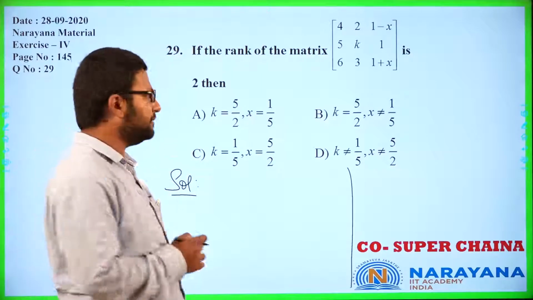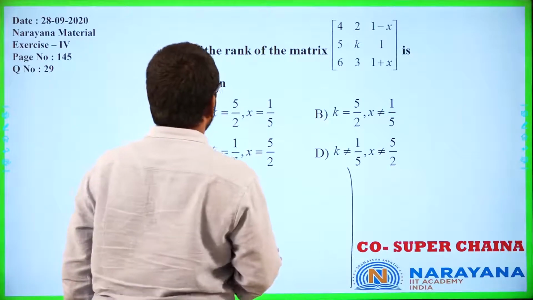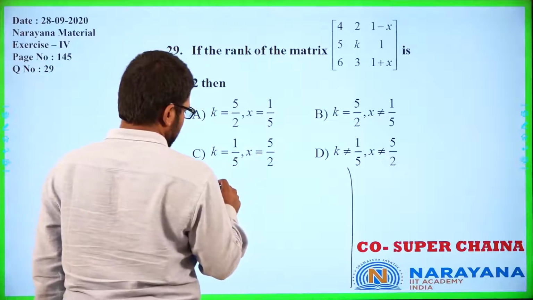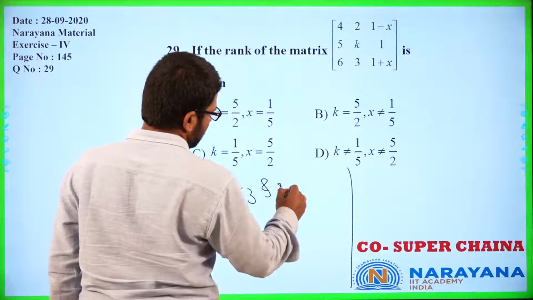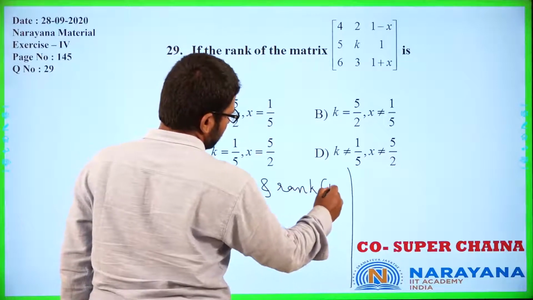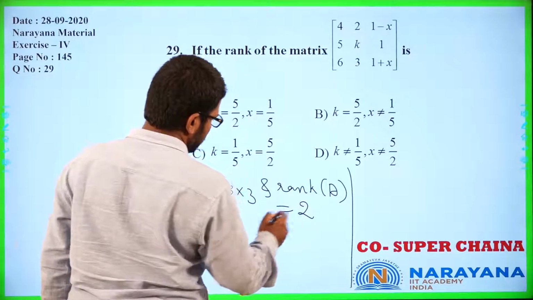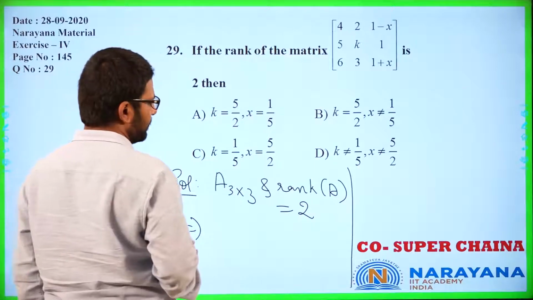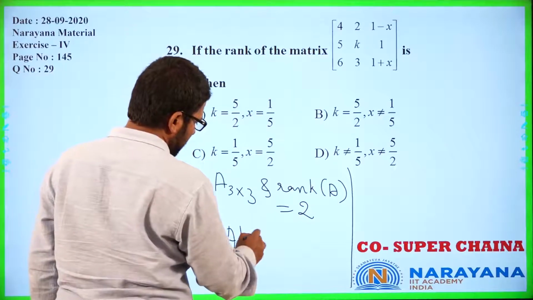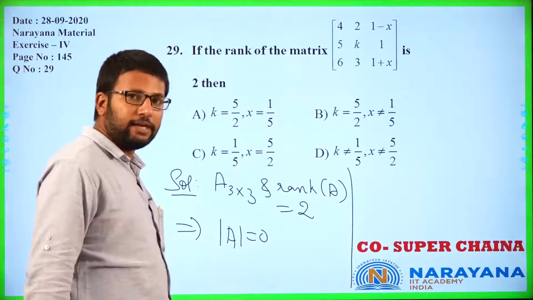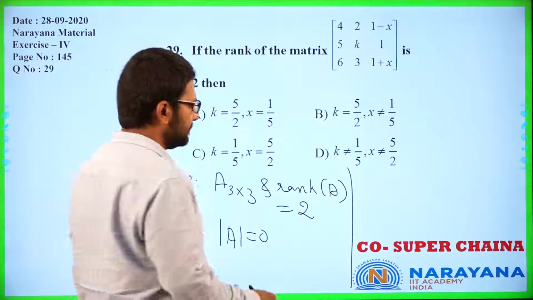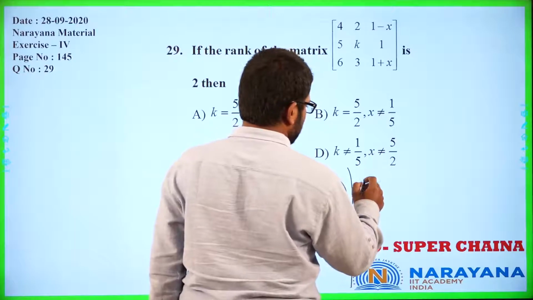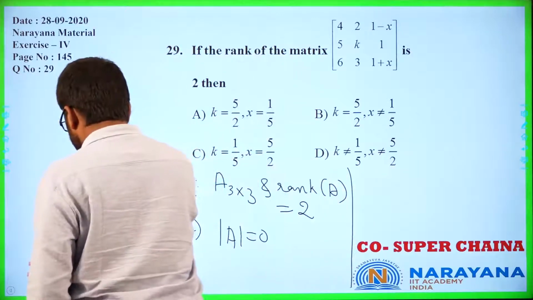So keeping that in mind, we will say A is 3 by 3 and rank of A is equal to 2, which means mod A equals 0, right? So then let us look at mod A first. Now, we'll do it on the next slide itself.